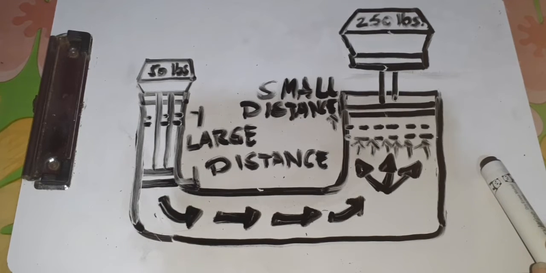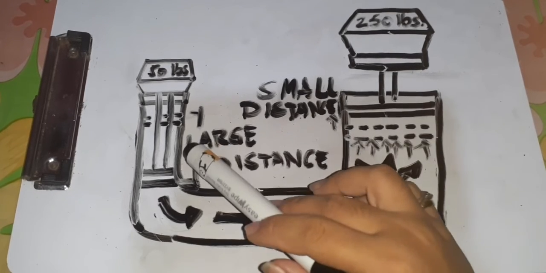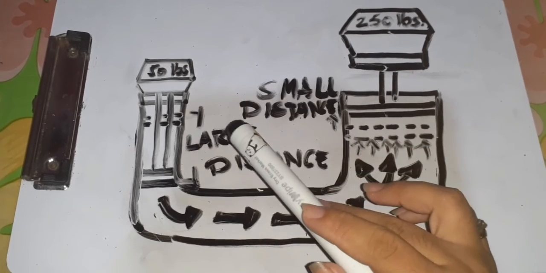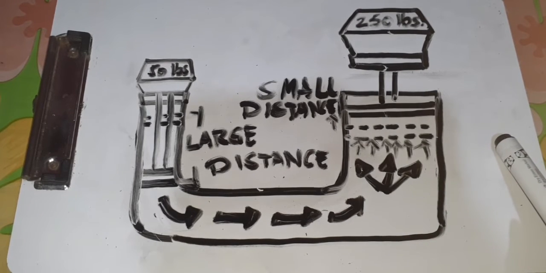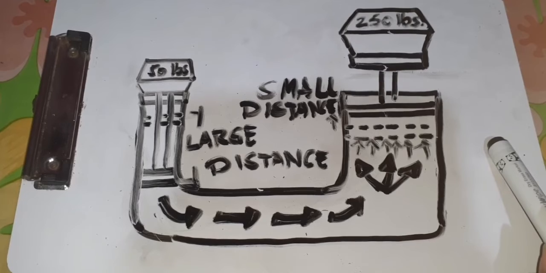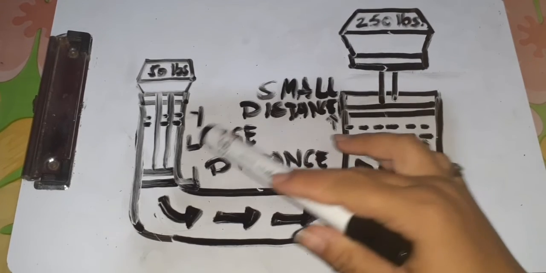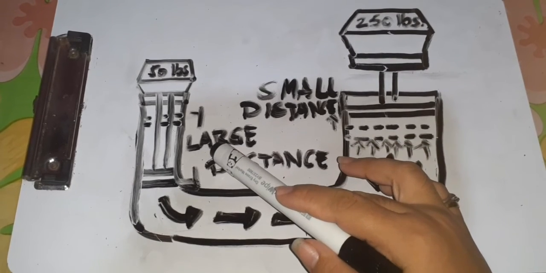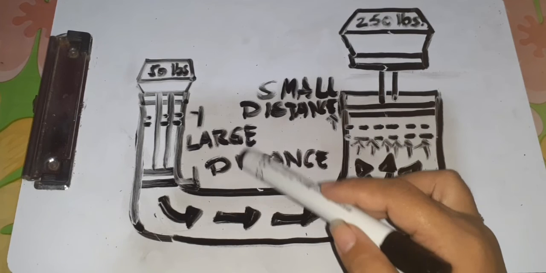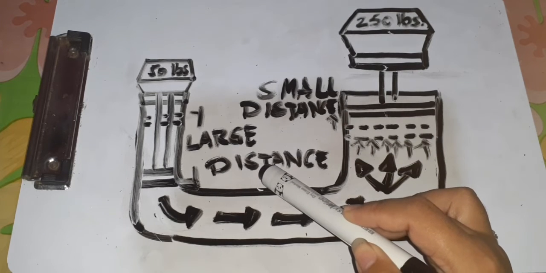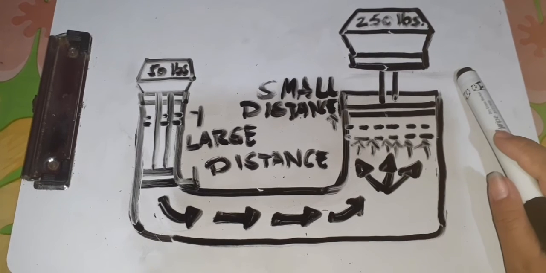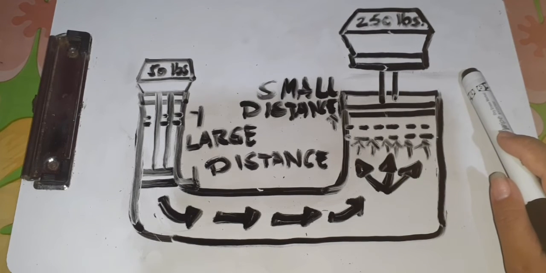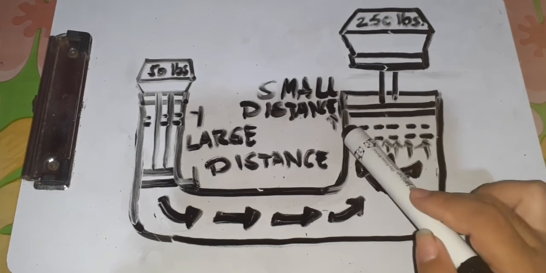So the 50 pounds weight moves the input piston through a large distance, and the output piston exerts a 250 pounds total force through a small distance.